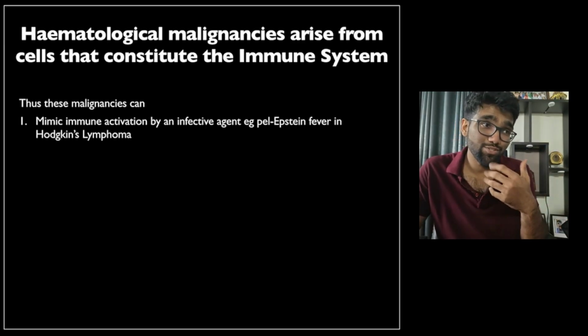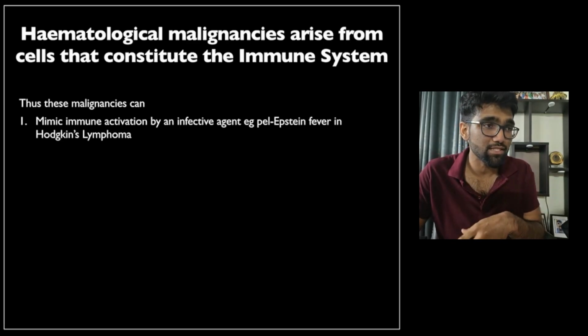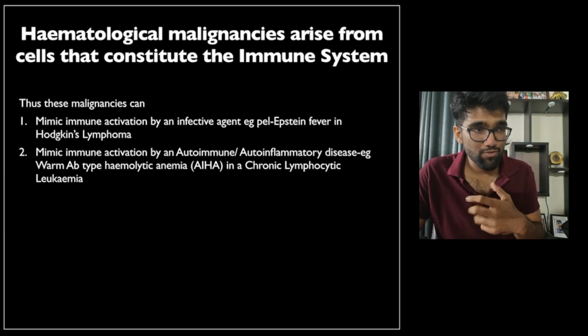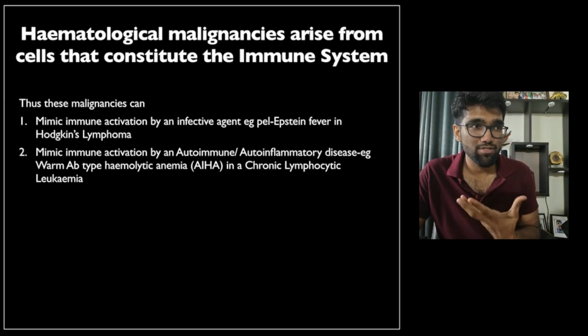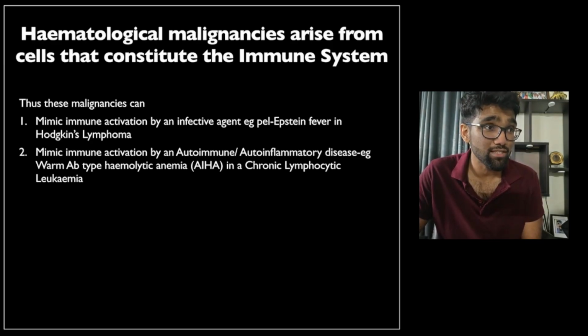Even though there is no pathogen there, there can be an aberrant immune response. An example of this would be the Pel-Ebstein fever described in Hodgkin's lymphoma. Fever is a response, and that response is occurring not because of a pathogen, but because there are neoplastic immune cells which are mounting aberrant immune responses.